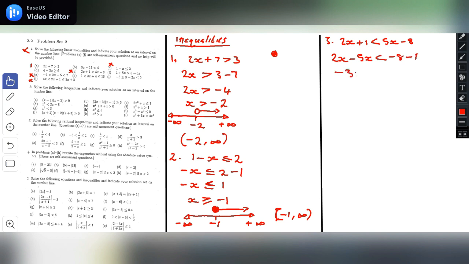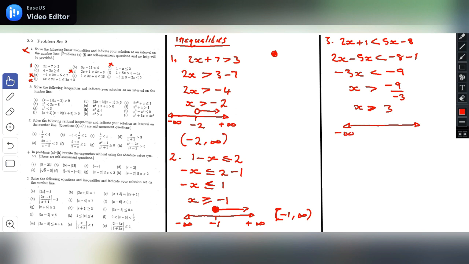That gives us negative 3x less than negative 9. You can also see here we're going to divide by negative 3, so the sign is going to change. Therefore, negative 9 over negative 3, whereby x is greater than 3.